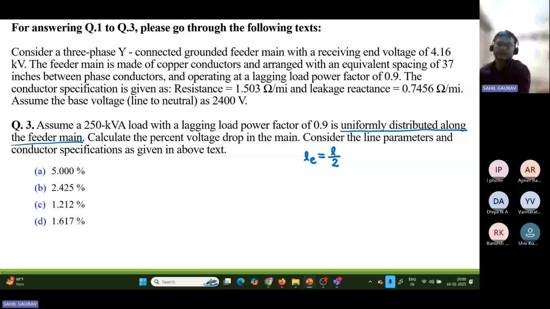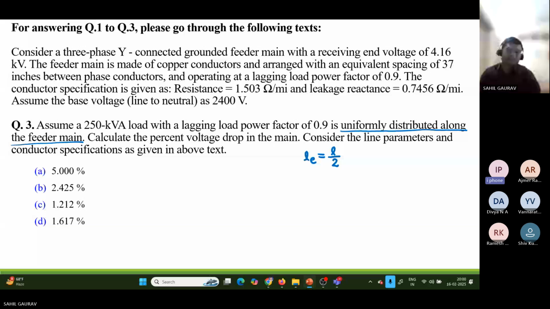What will the percentage voltage drop be here? Will it be the same, half, or double?